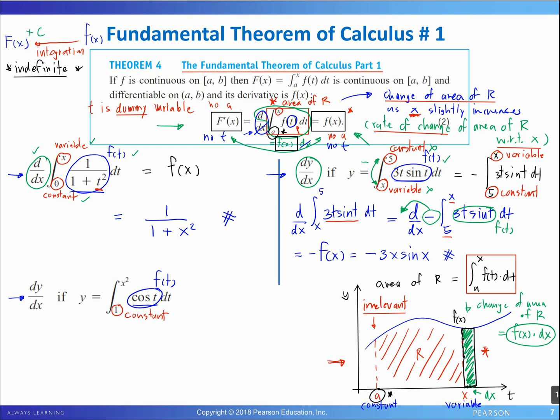And it ends at x squared, which is sort of like a variable, but not quite. What you see right here, x squared, is actually a function of a variable. So make a note, this is a function of a variable. It's not x alone. This is x times x.